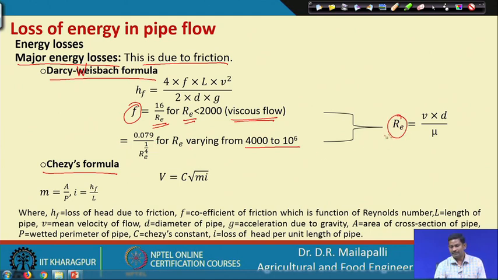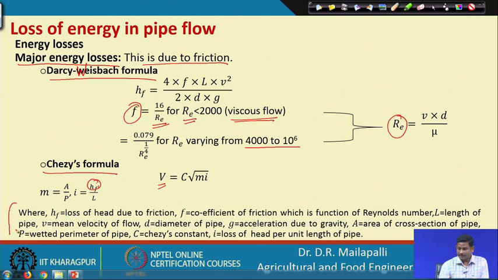Re is estimated as V into D by nu, where nu is the kinematic viscosity, D is the diameter of the pipe, and V is the mean velocity. In Chezy's formula, the velocity V is equal to C into square root of mi, where m is A by P, that is the hydraulic radius, and i is equal to Hf by L. You are going to estimate Hf here.